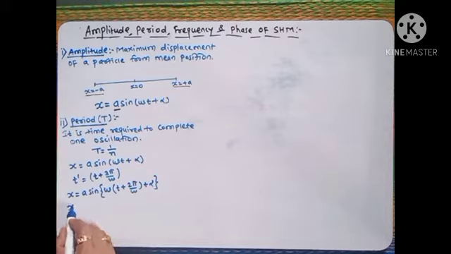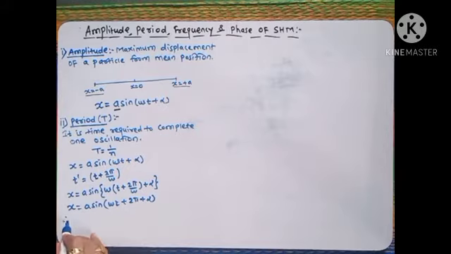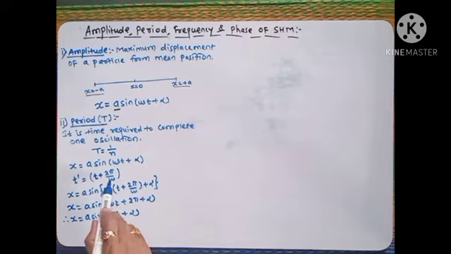And we solve this, x equal to a sine omega t plus 2 pi plus alpha, and therefore we get here only x equal to a sine omega t plus alpha. That means after this time, 2 pi by omega, we come to the original position, and therefore this is the period. T is given by T equal to 2 pi by omega.